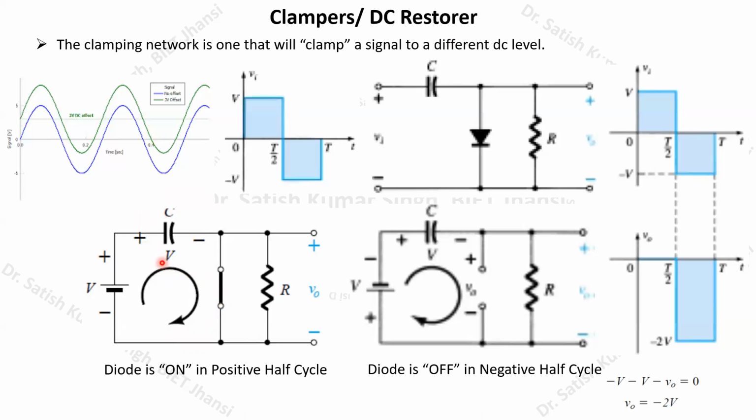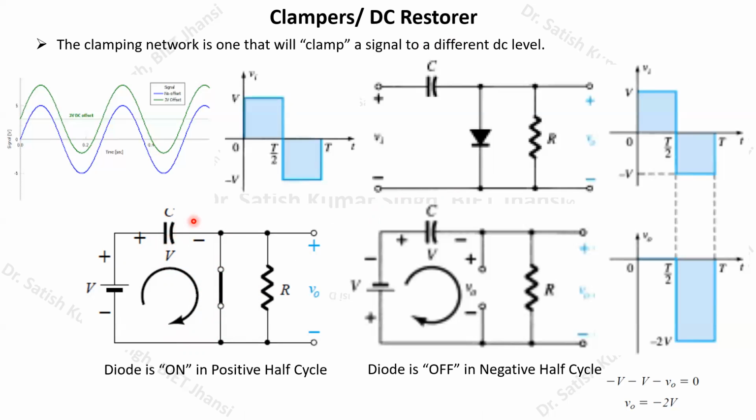You must know that the capacitor will charge with a certain charging time constant. Because the resistance offered by the diode, in the case of an ideal diode, is negligibly small, I can say that this capacitor is going to be charged instantly.